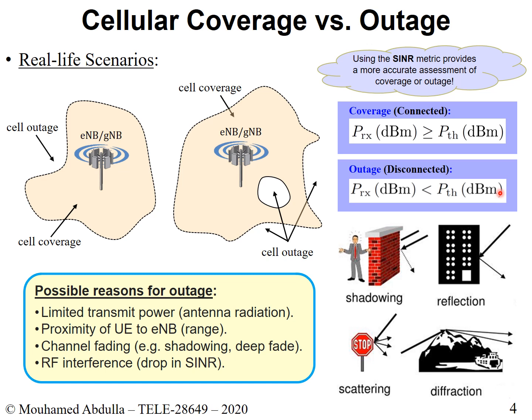So you could do the power transmitted minus the path loss, and that gives you the value for your received power. So these are the things that we saw in link budget, and the same thing applies here.